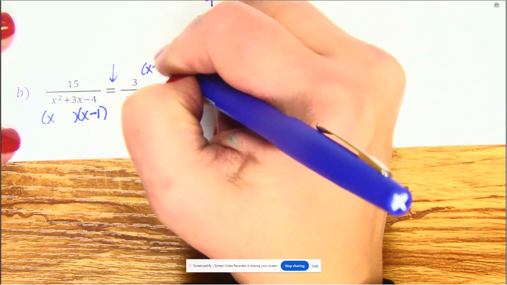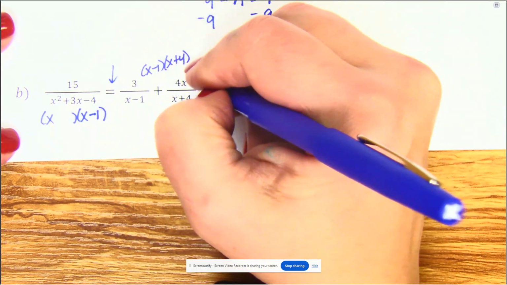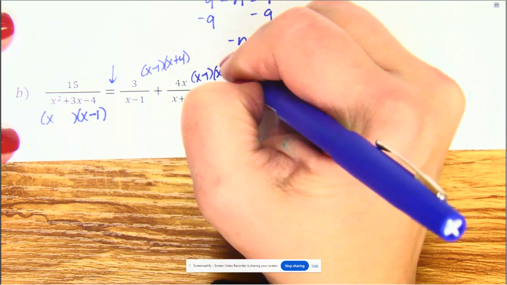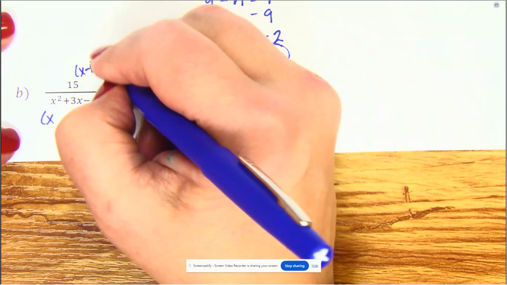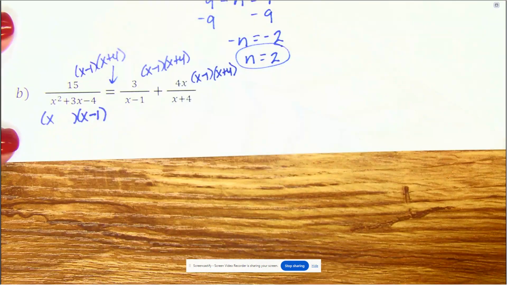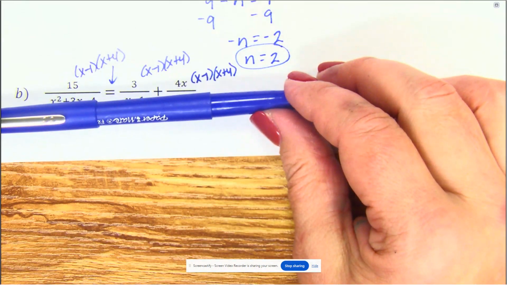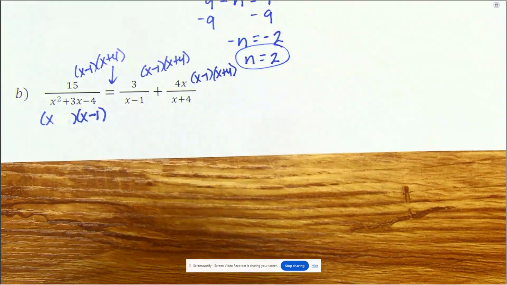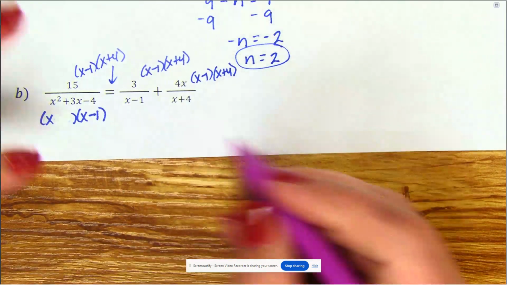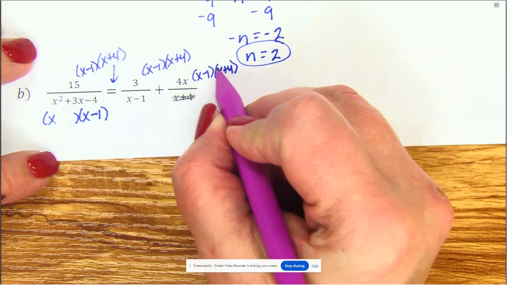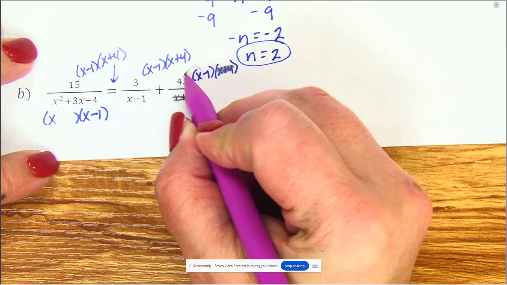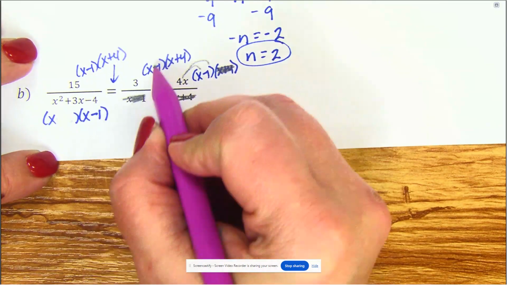So x minus 1 times x plus 4, x minus 1 times x plus 4, x minus 1 times x plus 4. Why am I doing that? Because it's going to clear all the denominators out. So this one, the x plus 4s are going to go away. So I'll just have to multiply these. Here, the x minus 1s are going to go away.